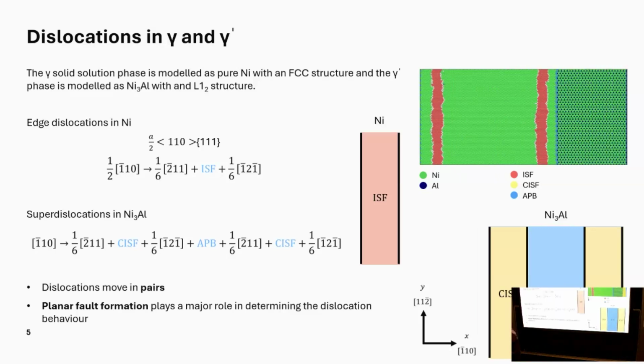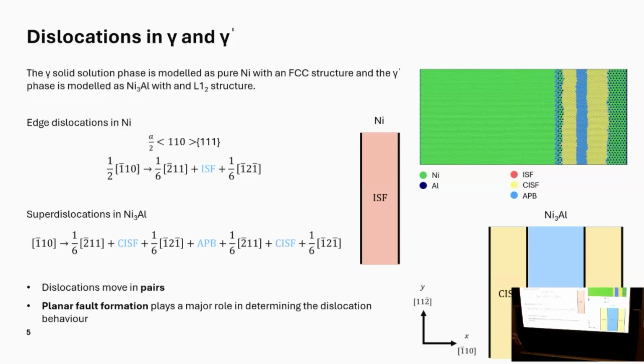In FCC materials, like pure nickel, these dislocations tend to dissociate into partial dislocations. When this happens, a stacking fault forms in between. This is illustrated in the schematic, where we have two partial dislocations, and the stacking fault is a region of the crystal where the stacking becomes disrupted.